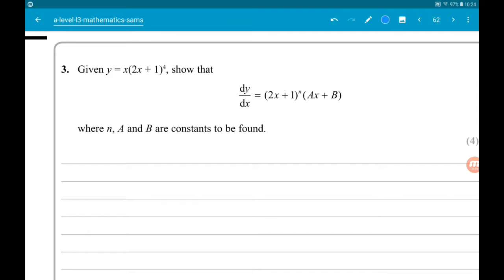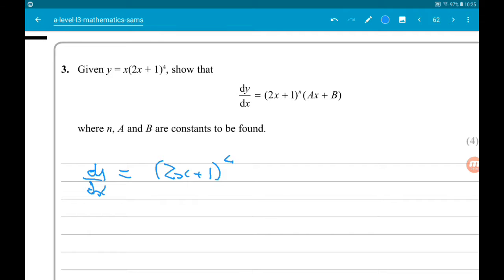So, if we first differentiate x and not 2x add 1 to the power of 4, x just differentiates to 1. So the first part we're going to get is just 2x add 1 to the power 4.